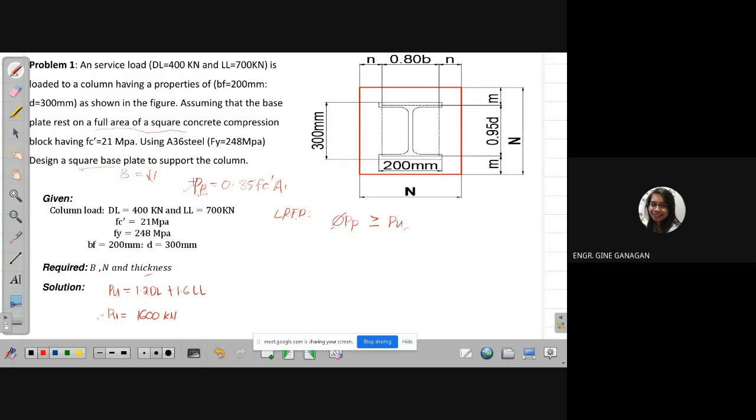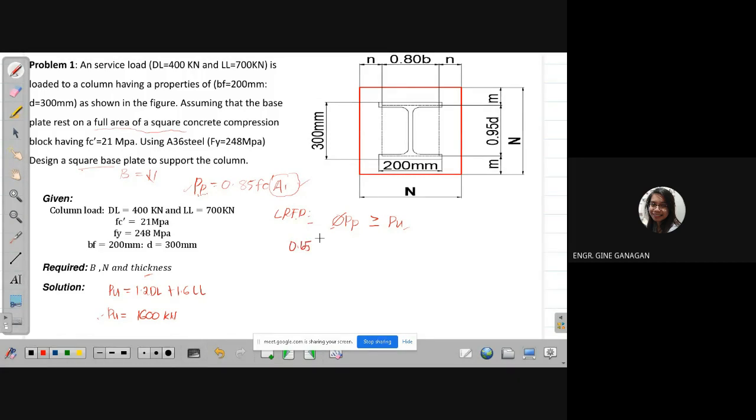Okay? So to solve for the dimension of square, ang unang-unang kukunin natin is yung area natin. Diba? So, dimension width times length is equal to area. Kaya kailangan natin kunin yung area. So, substituting here in our limits, yung phi natin is 0.65.